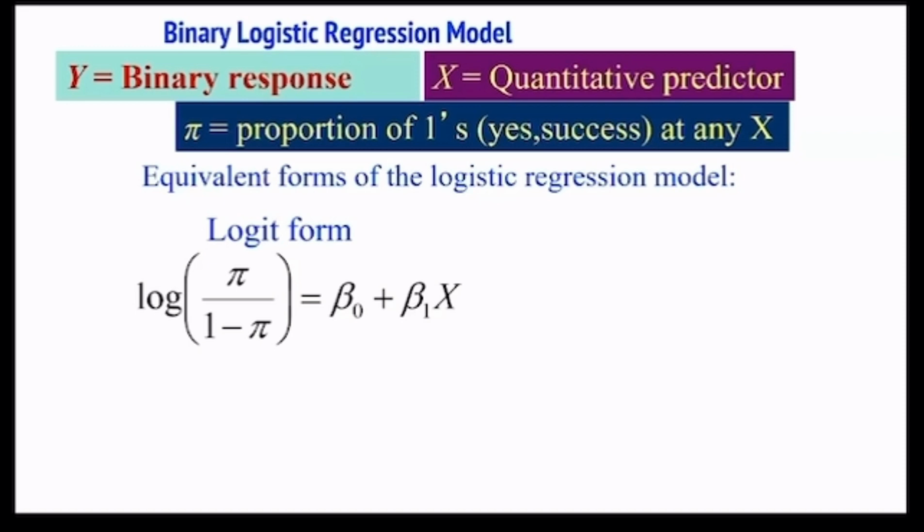If you fit linear regression, the predictions you make could be less than 0 or greater than 1, and that doesn't make sense. That is why we need a brand new model that ensures predictions do not go out of bounds of 0 and 1.